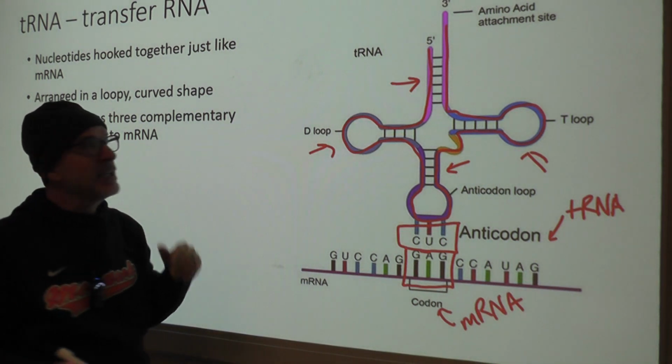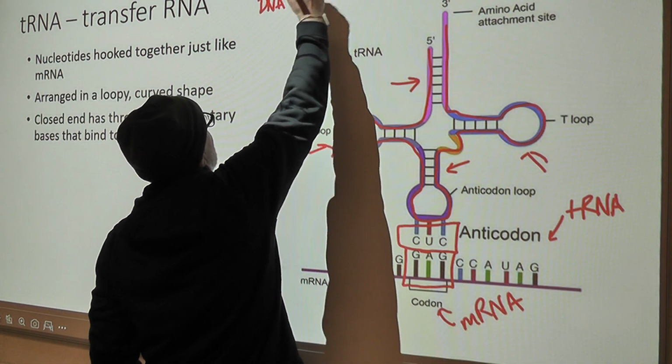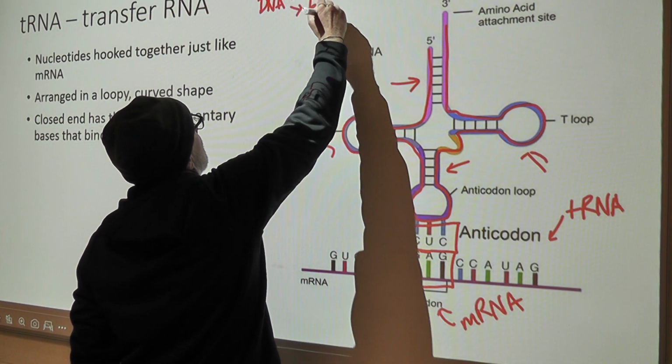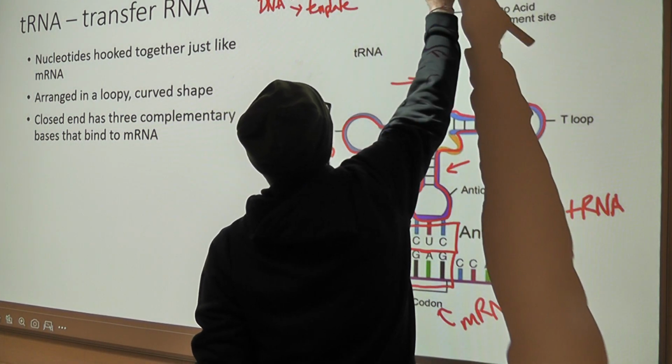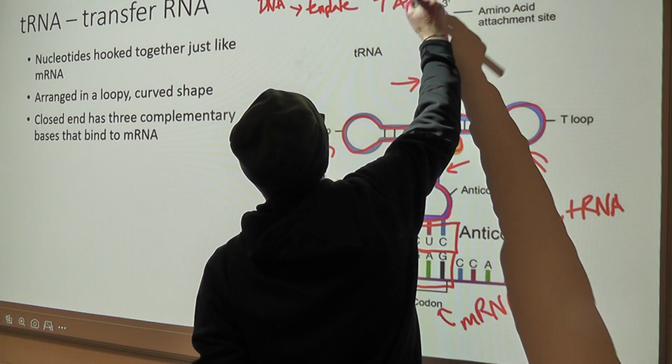The way it actually looks is like this. We have 2 strands of DNA. One is the coding strand, the other is the template. If the coding strand is ATC, then the template strand is going to be TAG.